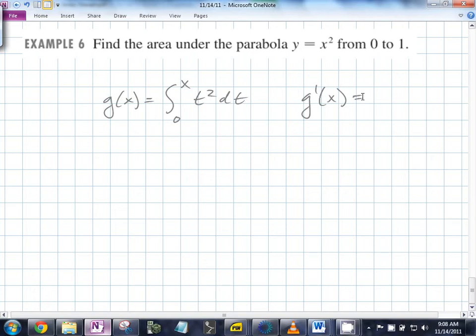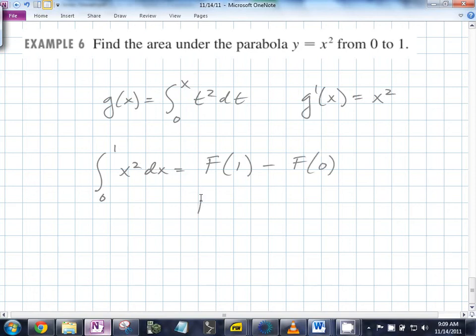Okay, so now the fundamental theorem of calculus part 2 tells us that the integral from 0 to 1 of x squared dx is going to be what? Big F, the antiderivative. Big F of 1 minus big F of 0. What is the general antiderivative?